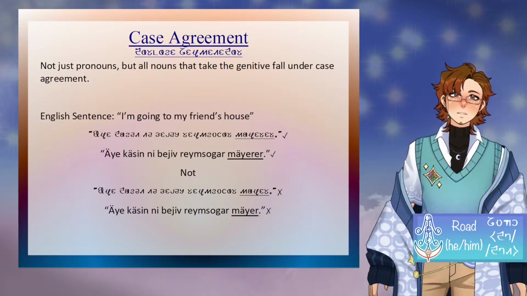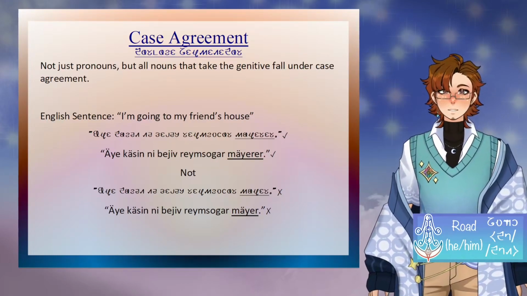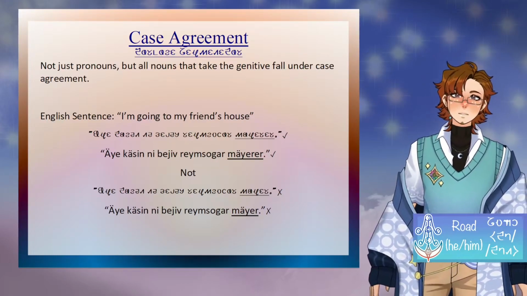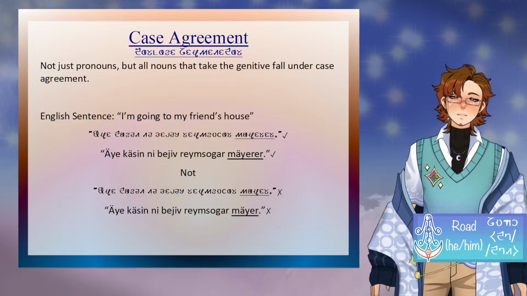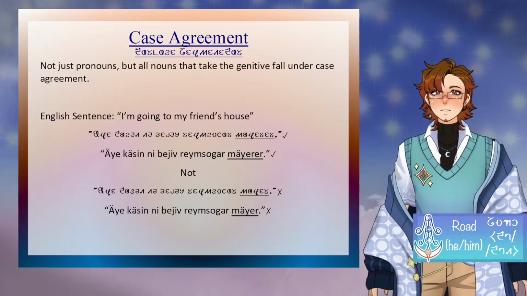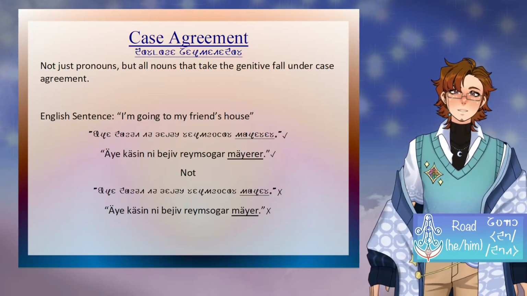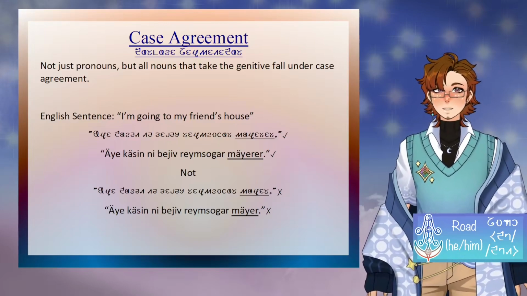Take, for example, when we look at potentially mixing some of the different forms of pronouns and mixing up the 2 different forms of the genitive together. While in English we would very easily say, I'm going to my friend's house, it gets a little more complicated due to case agreement in Reim.